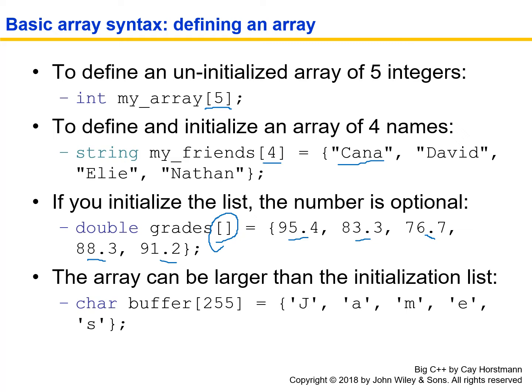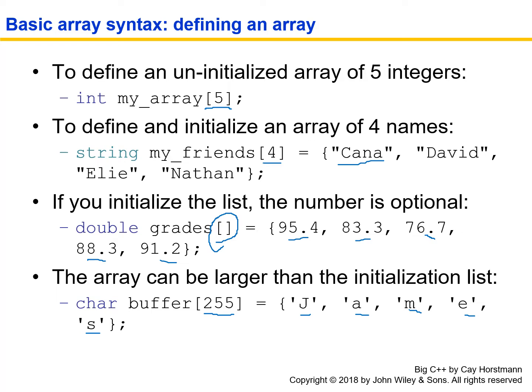Note that the array can be larger than the initialization list. This is something that gets done in standard C all the time. Again, if you ever take an operating system class, you'll have to deal with passing messages between 2 programs. And what they do is they'll set aside a buffer of, say, 256, or in this case 255 bytes of memory, and then it'll only fill that buffer with the number of spaces that are needed for that message.